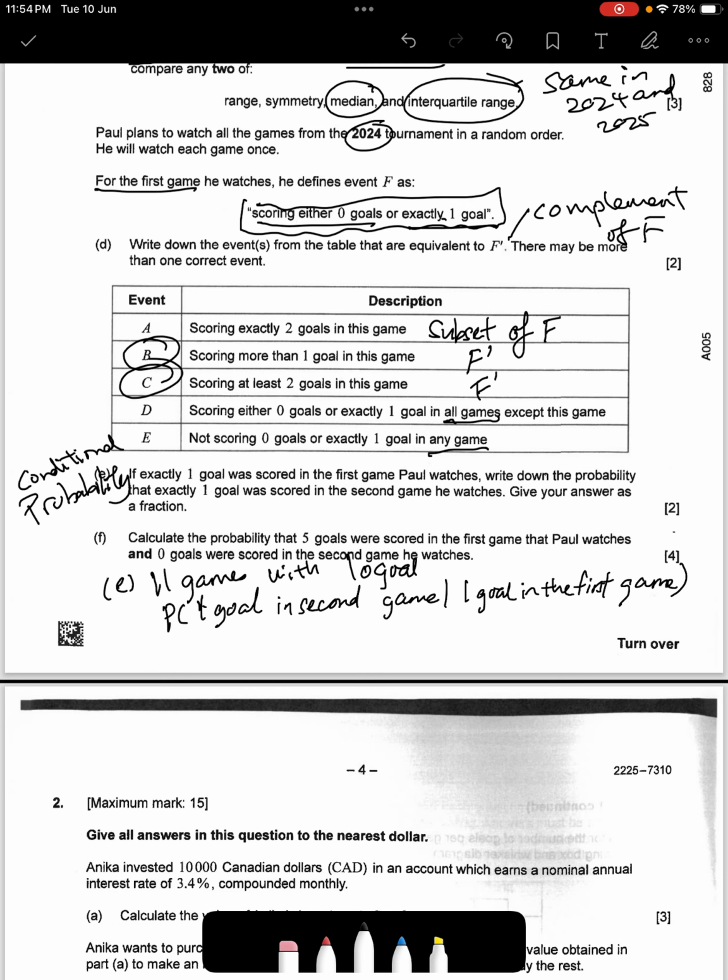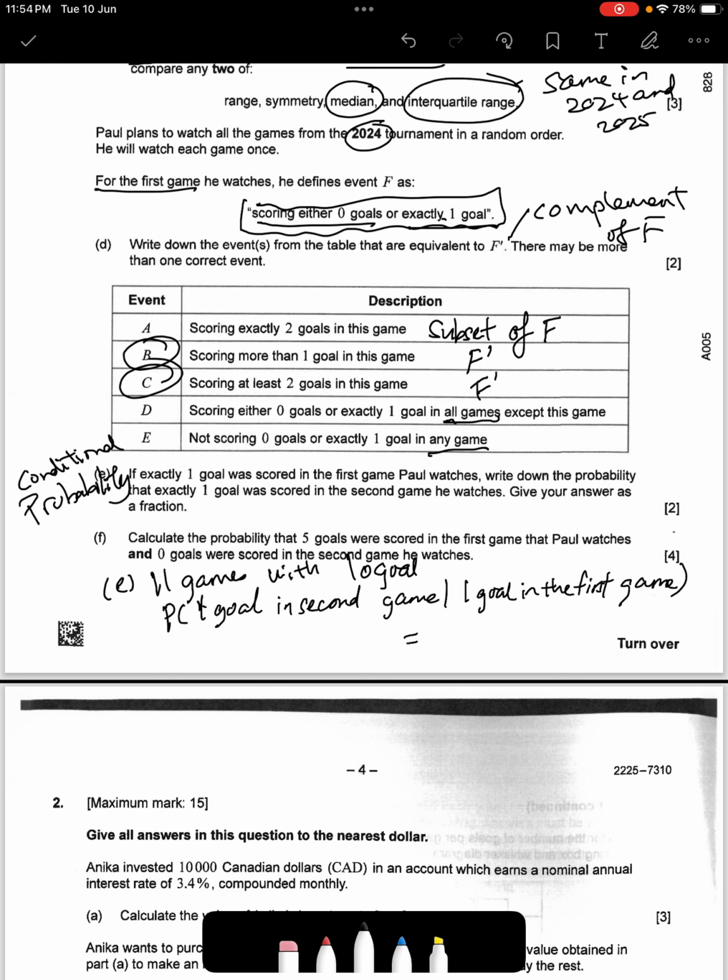Okay, so anyway, we got 11 games in one go, right? So that means that after watching the first game, I'm left with only 10 games which have a goal scored in them. But in total, we have 35 games. After he watched the first game, you're down to 34 games as well.